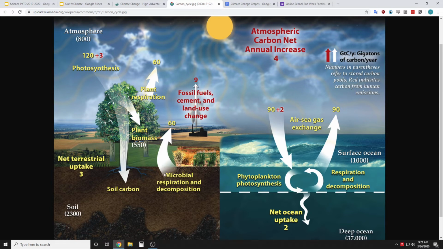If you take a whole bunch of carbon and bury it in the ground and add heat and pressure to it, going back to our rock unit, it eventually turns into coal, oil, and natural gas. That's pretty much what starts to form right down here in the earth.